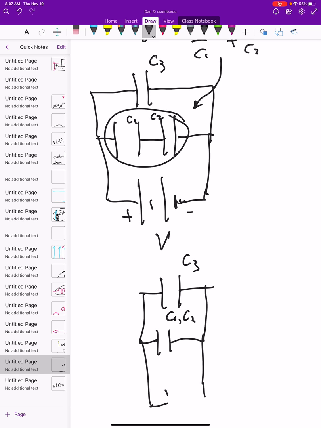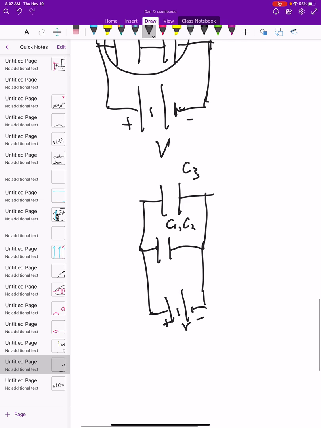And these two are in parallel. So then you just add them. So you take the value that you found here and add it to the value you found there, and that would give you the equivalent capacitance.